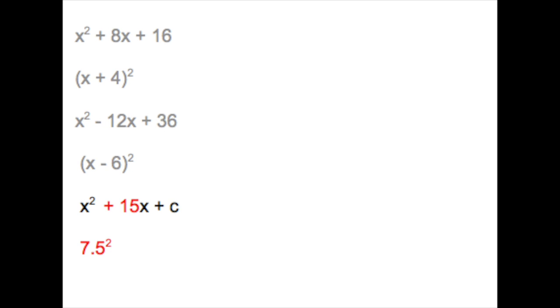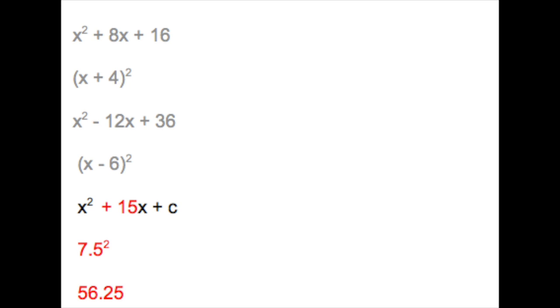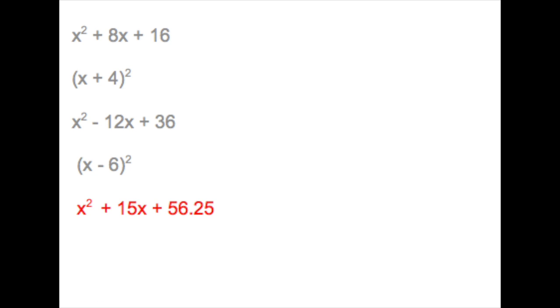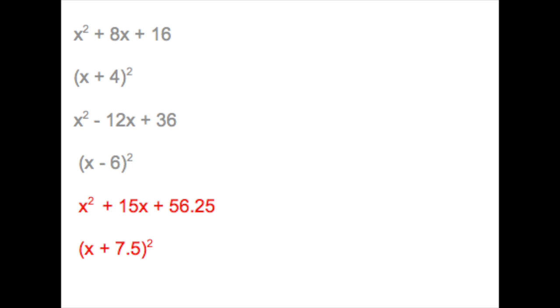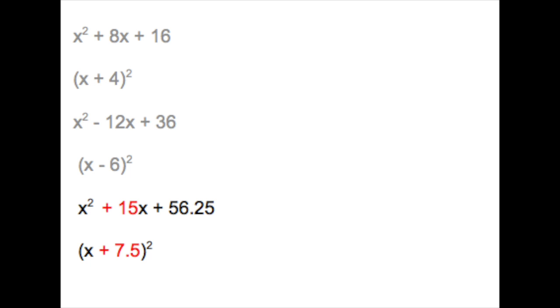We square this, which would be 56.25, and this becomes our c value. So x squared plus 15x plus 56.25 is a perfect square trinomial because x plus 7.5 squared equals x squared plus 15x plus 56.25. We get this value plus 7.5 because it was half of our b value.